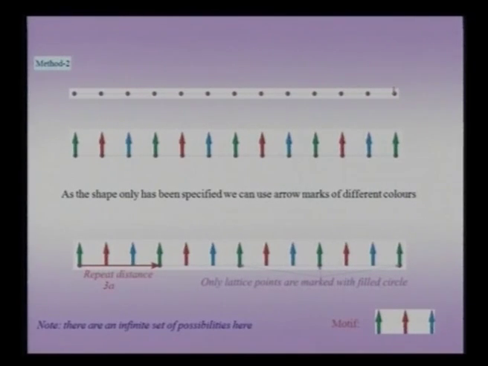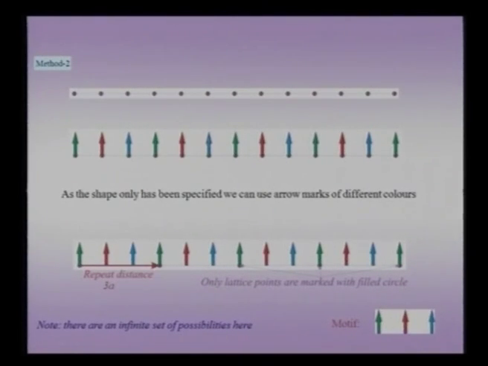I maintain them at the same height and same width, but I put a green arrow in the first point, a red arrow in the second point, and a blue arrow in the third point. Go back to the fourth point, put a green arrow, then a green arrow here, and here, and so forth. I'll put a red arrow in the second, then the fifth point, and so forth. I'll go infinite in the 2 dimensions.